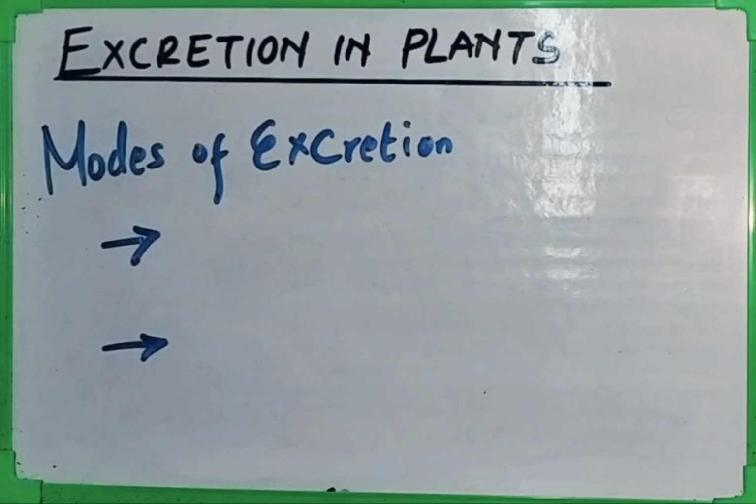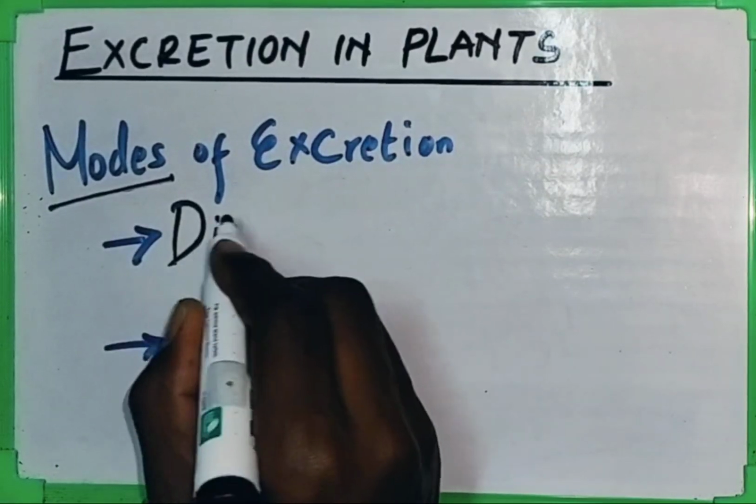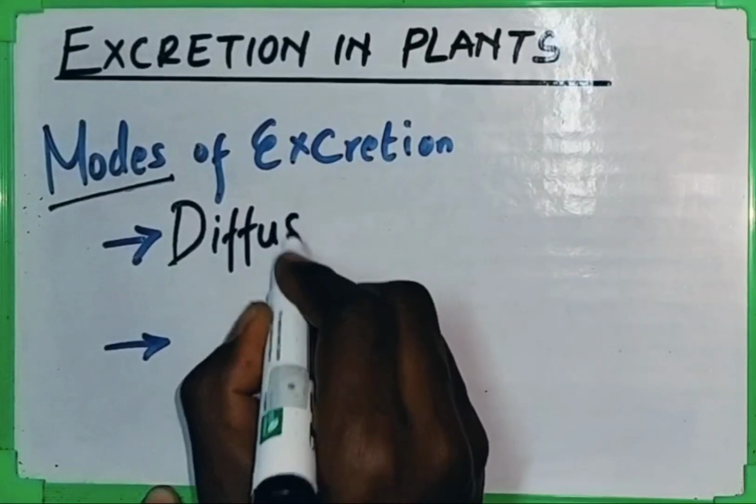Welcome back. Excretion in plants. I want us to look at the modes of excretion in plants. The modes of excretion in plants will depend on the type of waste product being excreted. For example, we have the first mode we call diffusion, or simple diffusion.